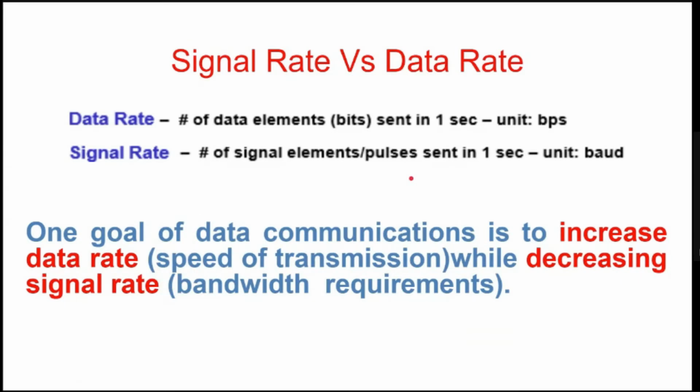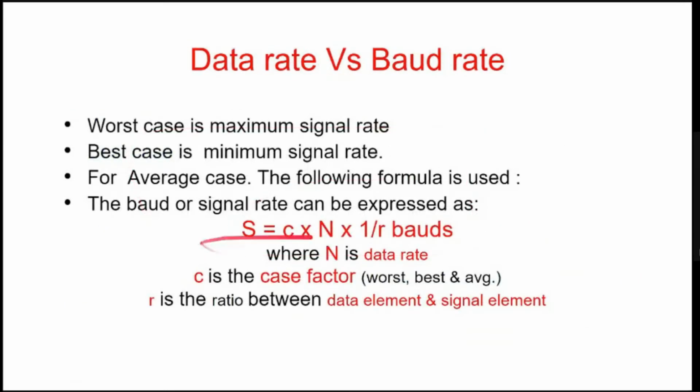Okay, we will calculate with some formula here, the data rate versus baud rate, that is signal rate. The worst case is maximum signal rate. The best case is minimum signal rate.